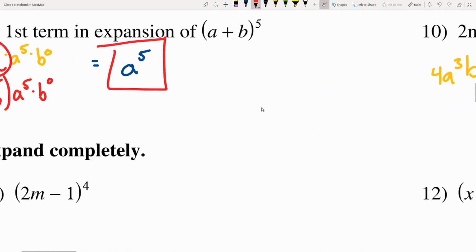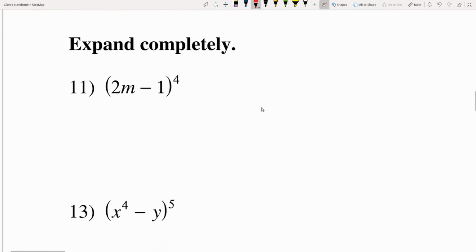Now here comes the fun part. For numbers 11 through 16, we're going to completely expand out these binomials. So 2m minus 1 to the 4th. Remember, we want the form a plus b to the n. So we know our n is equal to 4, our a is equal to 2m, and our b is equal to a negative 1.